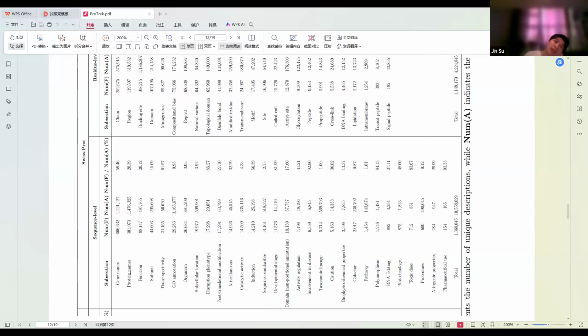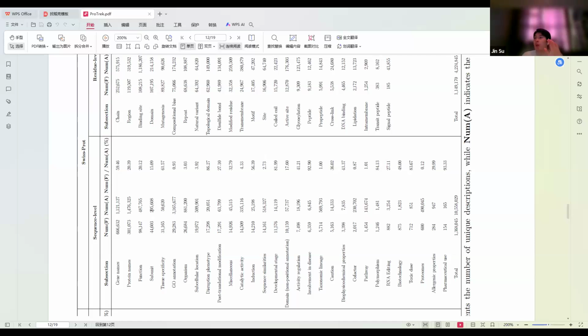We listed all subsections and their numbers. Here, num-u means the unique numbers of texts, and num-a is the redundant numbers, because a text can be mapped to multiple proteins. We use this to calculate the data redundancy.